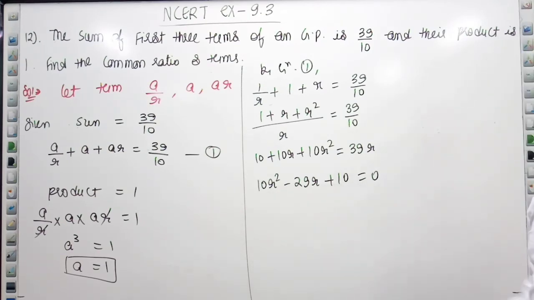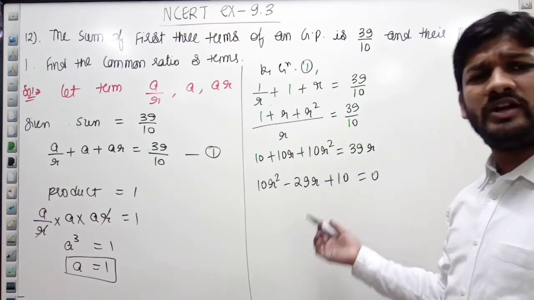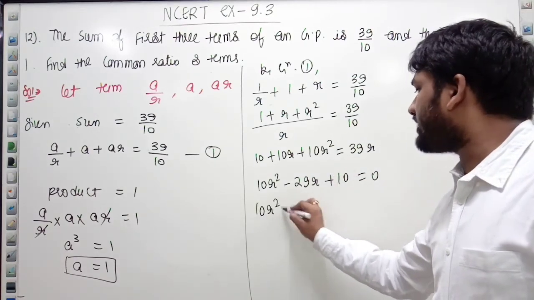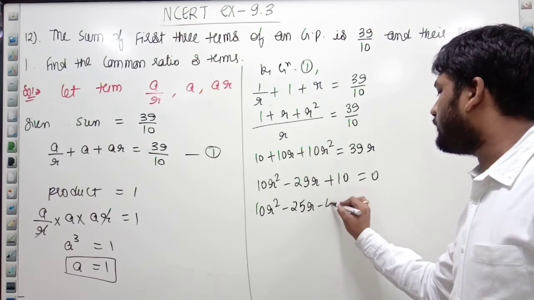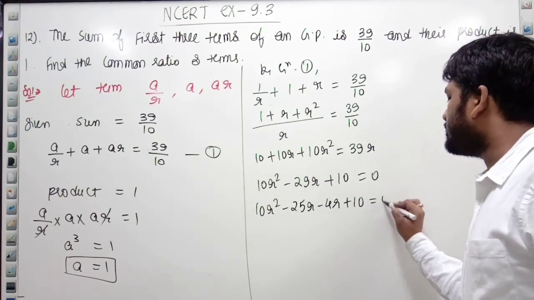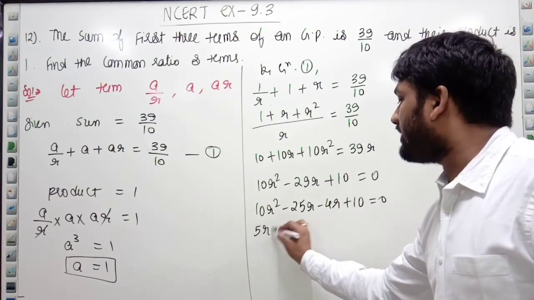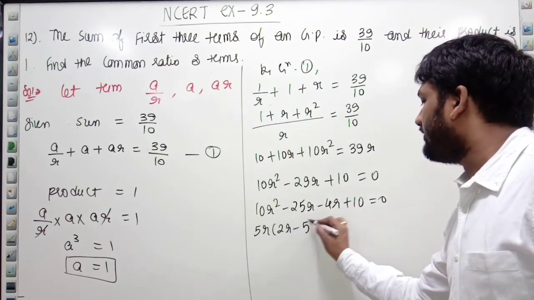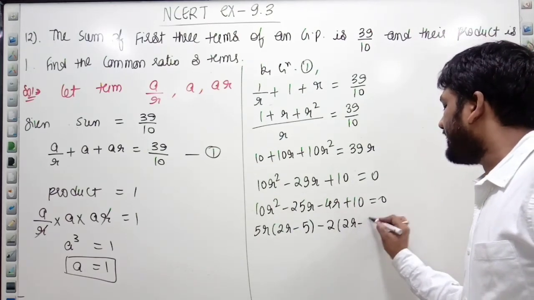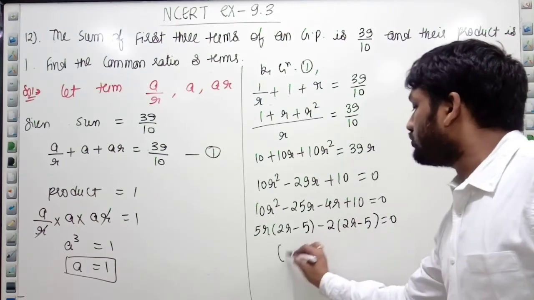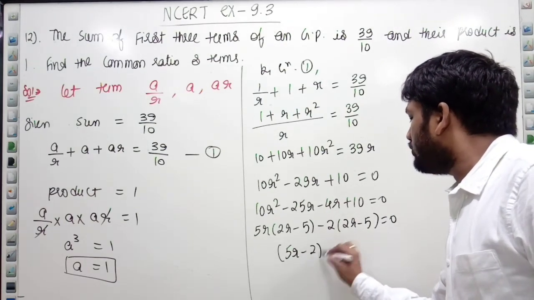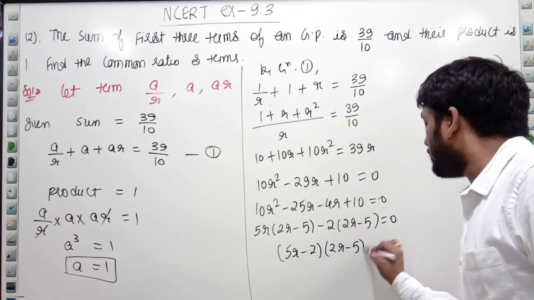Product is 100, right? So we can say 25 fours are 100: 10r square minus 25r minus 4r plus 10 equal to 0. So we can take 5r common, 2r minus 5, minus 2, 2r minus 5 equal to 0. So 5r minus 2 and 2r minus 5 equal to 0.